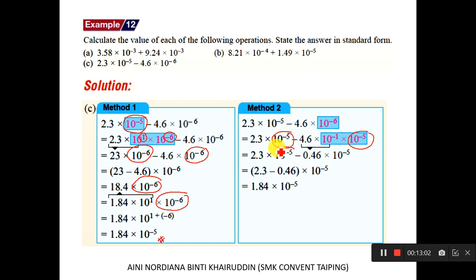So now both are 10 to the power of negative 5. So we just minus these two numbers in a bracket. The answer will be 1.84 times 10 to the power of negative 5. So this is already in standard form. So this is the final answer.